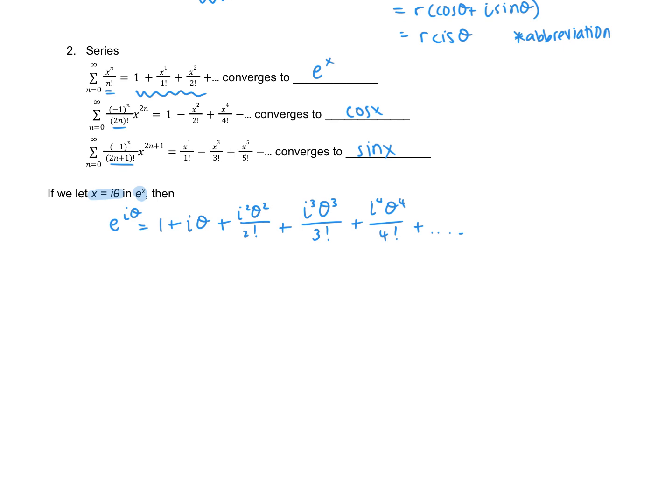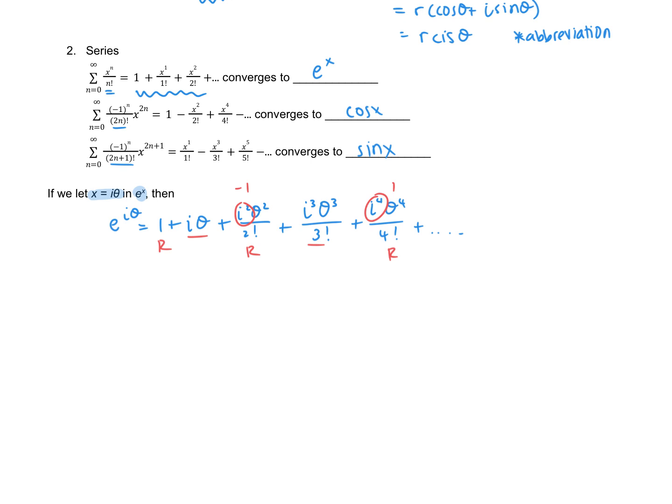Okay, so next thing I want us to notice, this 1 is real, this i theta is imaginary, i squared, remember, is -1, so this term is real. That i to the fourth is just 1, so this term is real. Every other term then is imaginary.